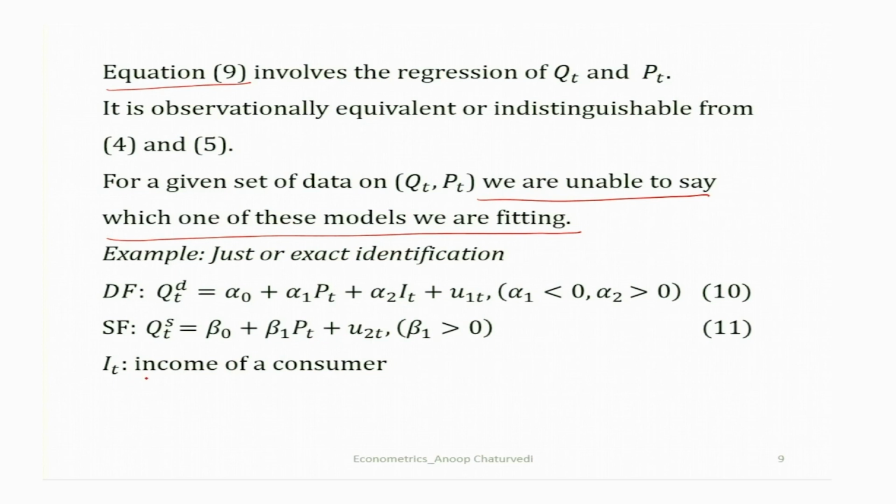Here I t is the income of a consumer. Obviously, the quantity demanded also depends upon the income of the consumer, and usually as income increases, the demand increases. So, that is why we take alpha 2 greater than 0.